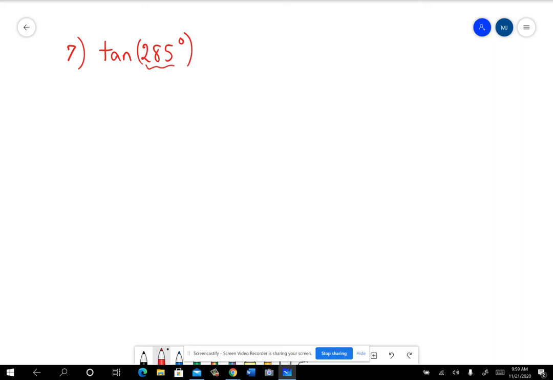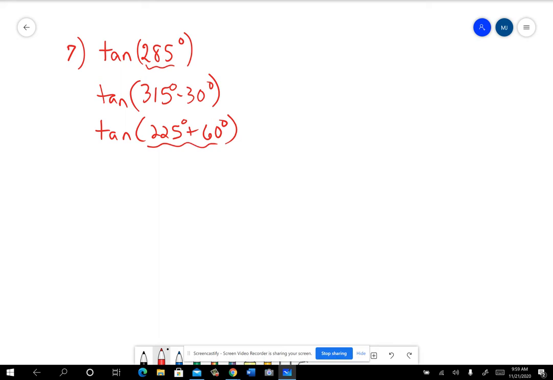For instance, I could do 315 minus 30, and that would be 285, and there is a sum or difference formula involving that. Another option might be 225 plus 60. That would add up to 285, and 225 and 60 are both on the unit circle. So you just find one that works.